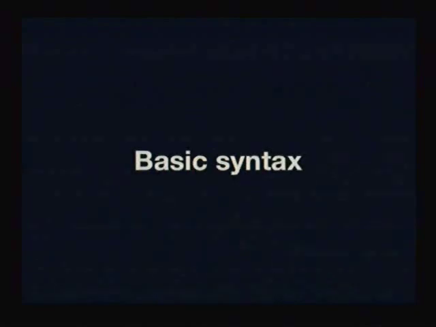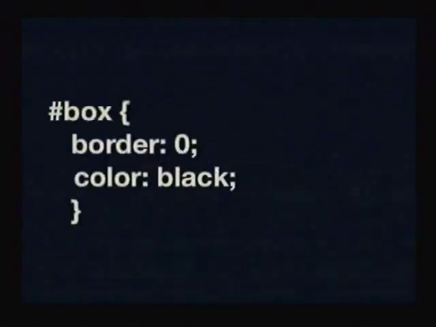All right, so that's kind of the basics of Hamel. I mean, there are a couple more edge case things, but that's enough to get started, I think, for a lot of apps. Let's look at Sass for a second. So the basic syntax for that, here's a normal sort of snippet of CSS. I've got a box ID selector, then I'm setting the border, and I'm setting the color of the text.